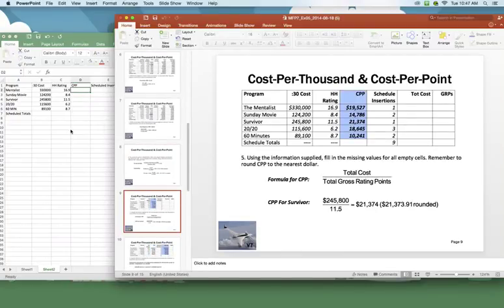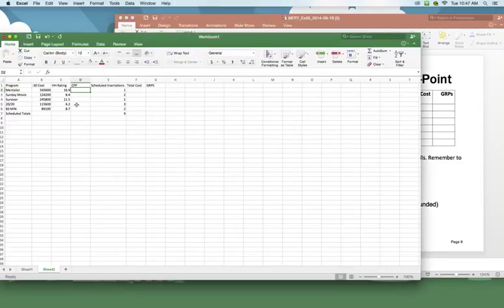They basically say, first and foremost, fill in all the missing values. We know that in this case we have cost over GRPs. Oops, wrong one. There we go.